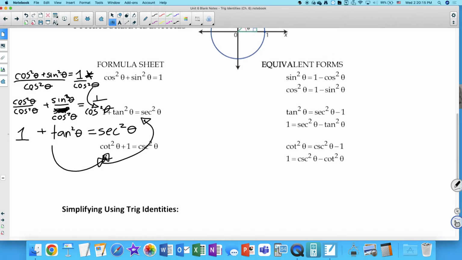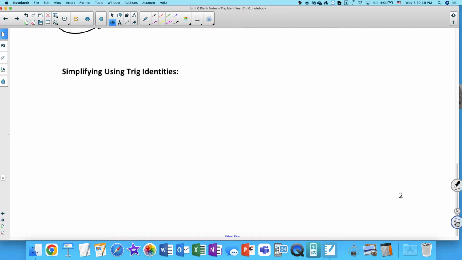But at the end of the day, what we're going to do is do a whole bunch of substitutions. And the hope is that we can, using these substitutions of these identities that we know are true, show that two things are equal to one another algebraically. Okay? So that includes how do we use these trig identities?